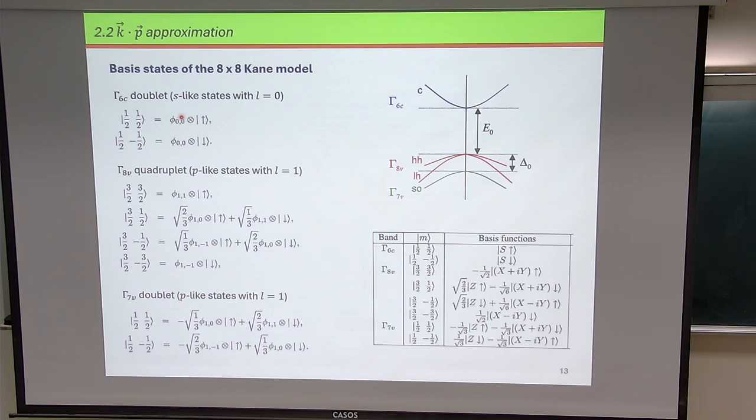I have expressed this in terms of functions formed like spherical harmonics, but I can also express it in terms of the Cartesian orbitals. That is more or less the idea.